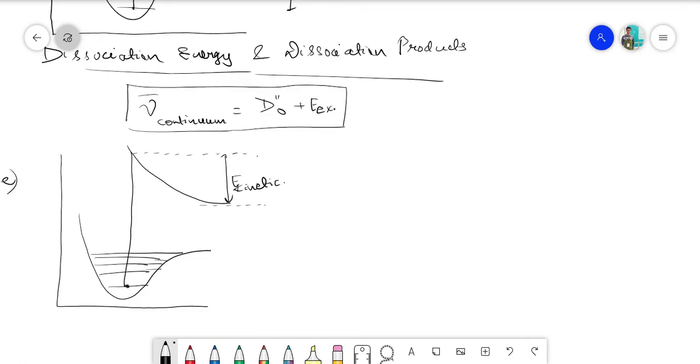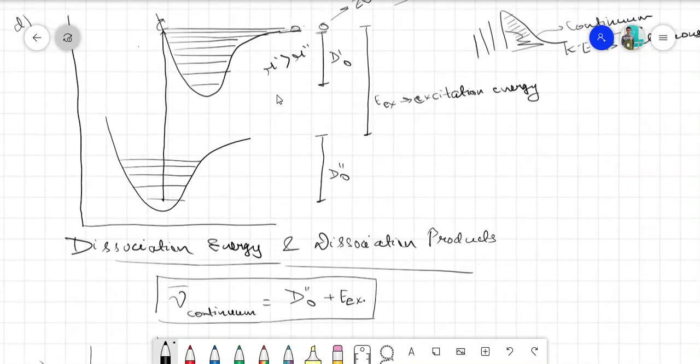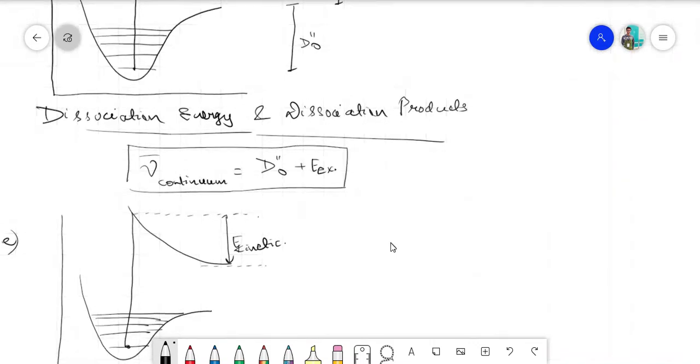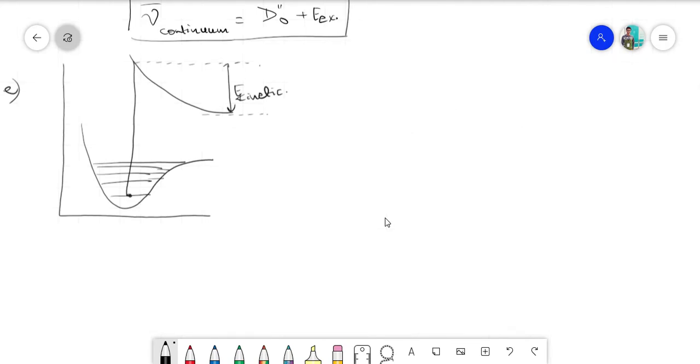Now, what is this case? This is when this transition is occurring to some higher excitation, which is above the dissociation energy. In terms of internuclear separation, this is now way greater, much greater than the internuclear separation in the ground electronic state. And what is this energy?